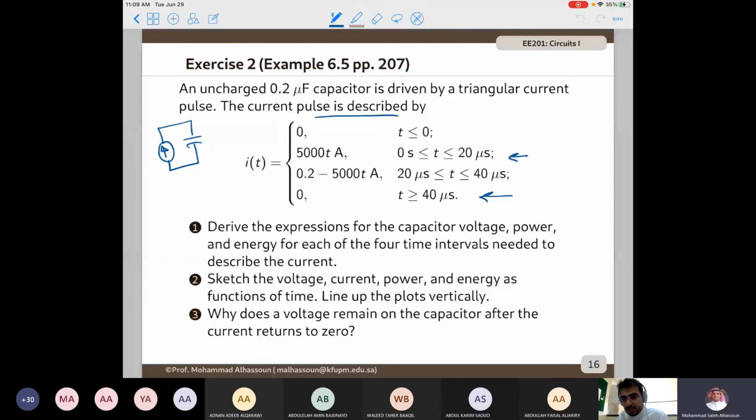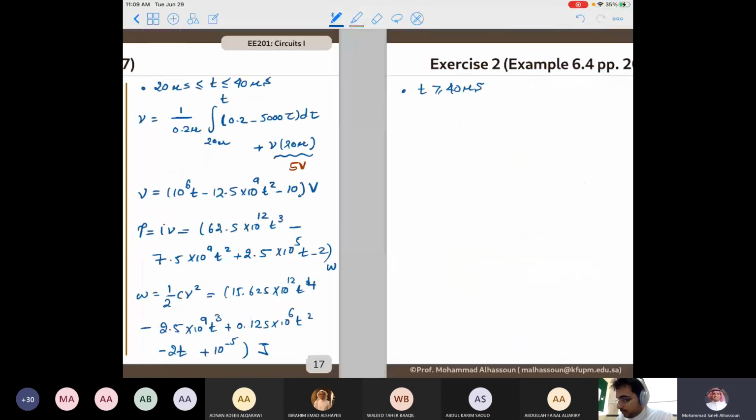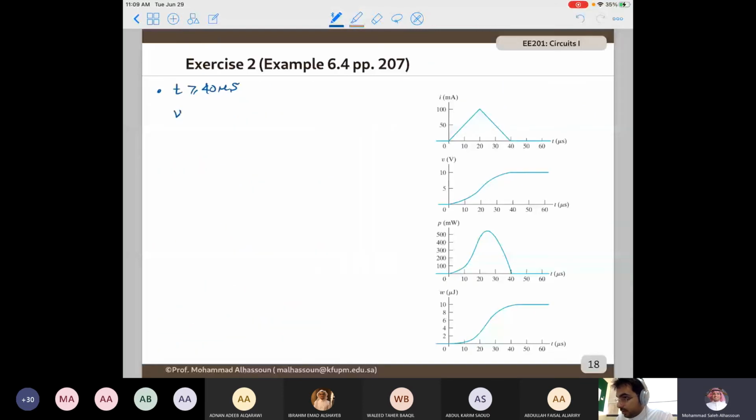V naught from the previous interval. Exactly. So the voltage will be V naught, which happens to be 10 volts. So we have constant voltage, as you can see here.